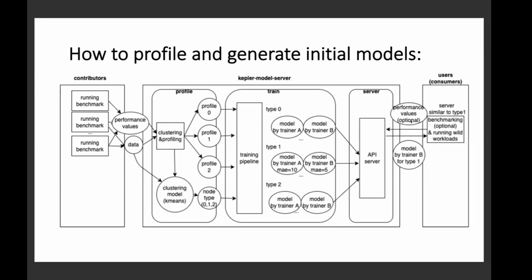If possible, we would like to have the consumer run the performance values, and then we can use this clustering model to determine what type of server it is, and then inside that type it will choose the one with the minimum error as the best one. Of course, it can have other filtering, like you can specify, for example, the trainers that you want, but the default is to select the best performing.